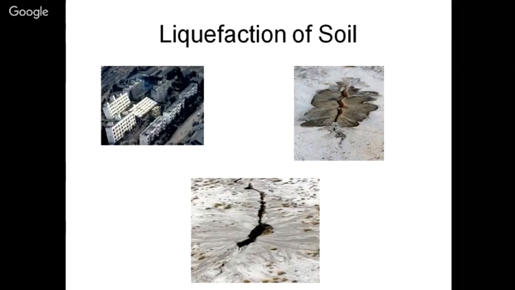Using those ways, we can evaluate the shear wave velocity of the soil where the structure is supposed to be constructed. Based on those shear wave velocities, and indirectly the shear strength of the soil in that region, we should evaluate, and only then construct our structures depending upon the bearing capacity of the soil.